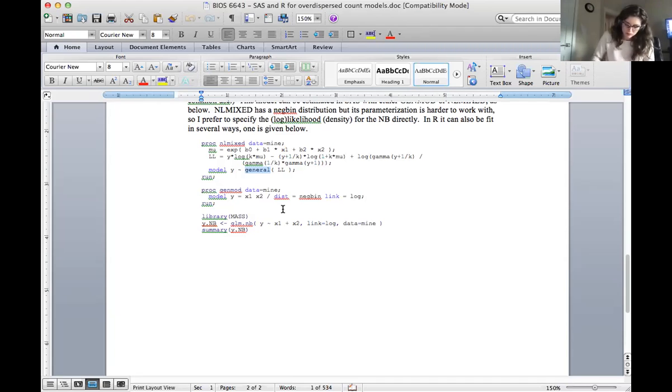A quick question. Can we also fit a nested model with the LME4 package? I believe you can, but this is a good question.